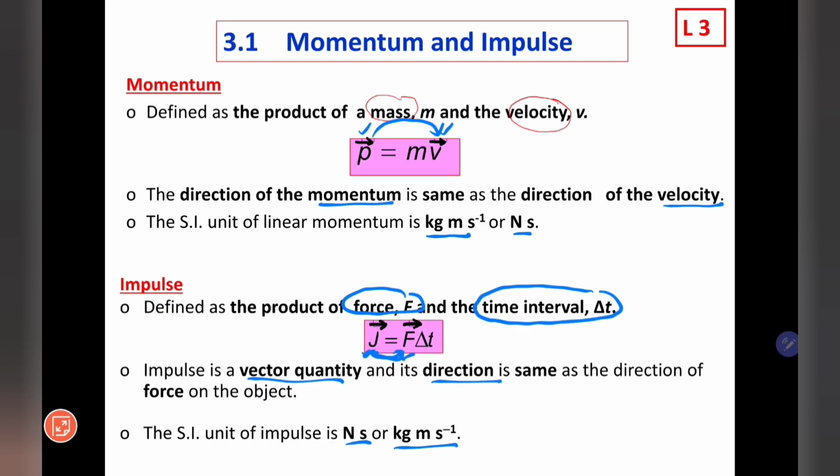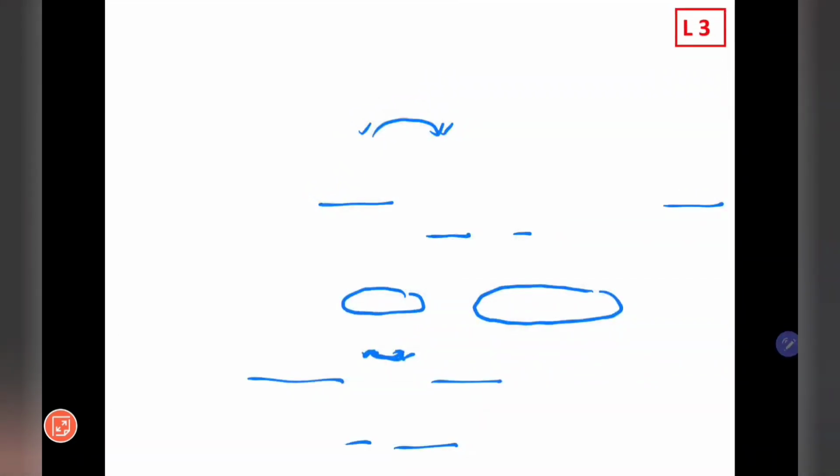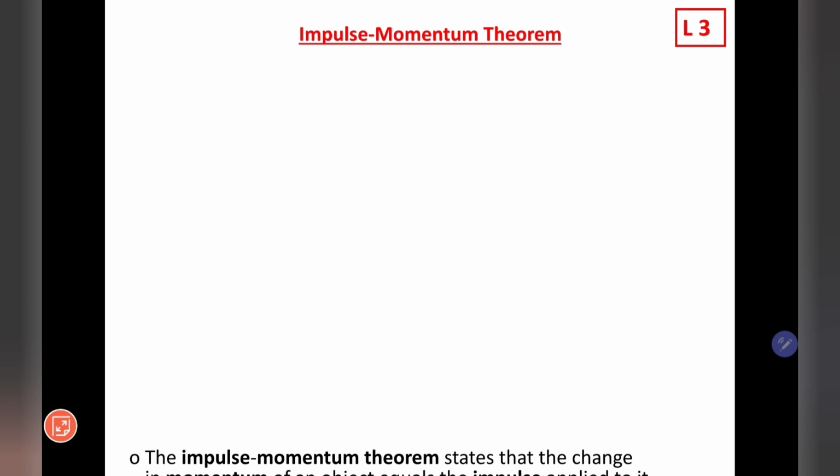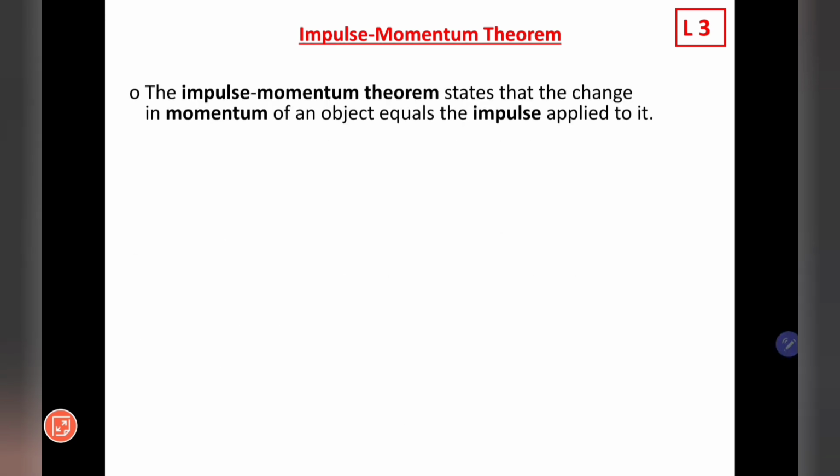What is the relationship between momentum and impulse? Let's continue with the next part, which is the impulse momentum theorem. What is that? The impulse momentum theorem states that the change in momentum of an object equals the impulse applied to it. The keywords are momentum and impulse.